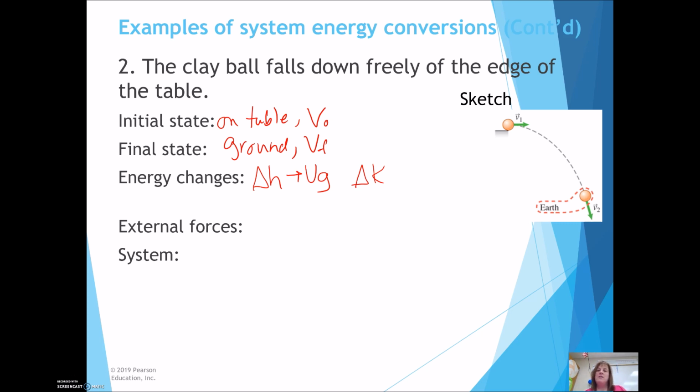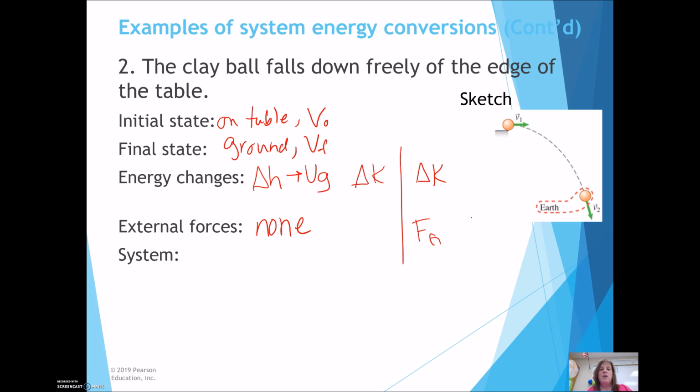External forces: if it's falling freely, there's no air resistance. And if I put the Earth in the system, then there are no external forces. If instead I said I don't want to put the Earth in the system, then I just have a change in kinetic energy, and the external force would be the force of the Earth on the ball, which is the force of gravity.